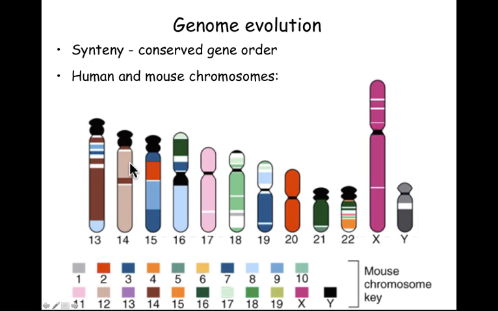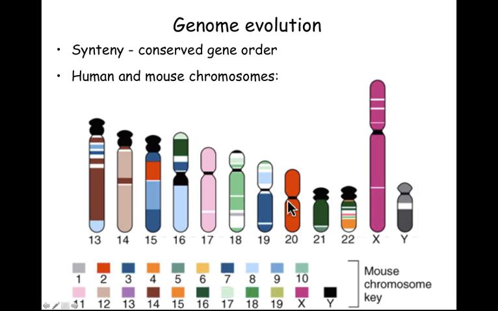And what you can see is sort of interesting. This is just a partial list of the human chromosomes, 13 through 22 and the X and the Y. And then this color coding below shows the mouse chromosomes that have the same sequences as these human chromosomes.